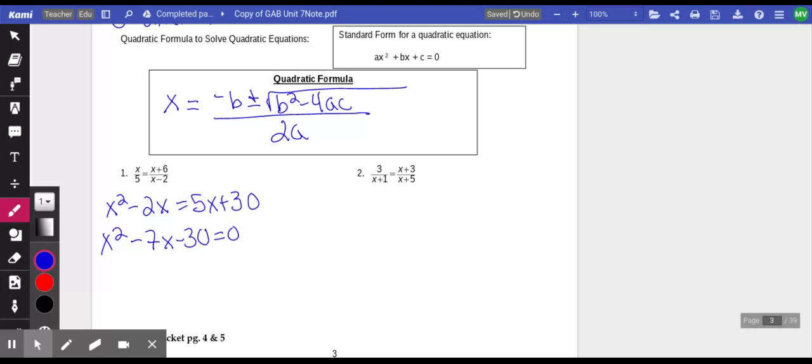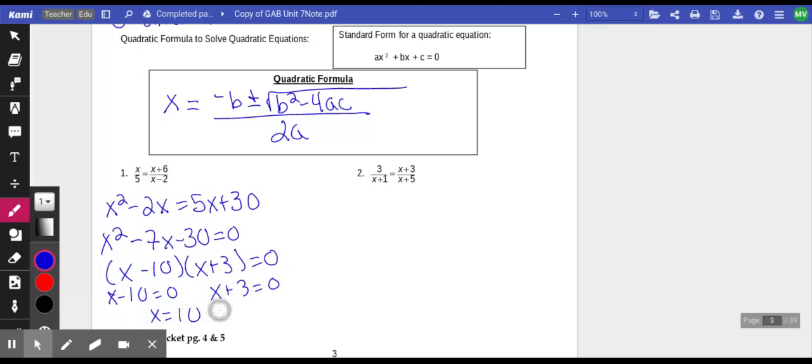There are factors of negative 30 that add to be negative 7. That would be negative 10 and positive 3. So that's x minus 10, x plus 3 equals 0. So x minus 10 equals 0, and x plus 3 equals 0, giving me x equals 10, and x equals negative 3.